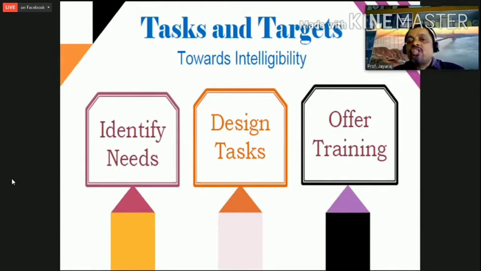and design tasks. Identifying needs is more or less like diagnosing the problems of the learners in terms of speaking and listening. And after understanding the learners' problems, you have to come up with tasks.